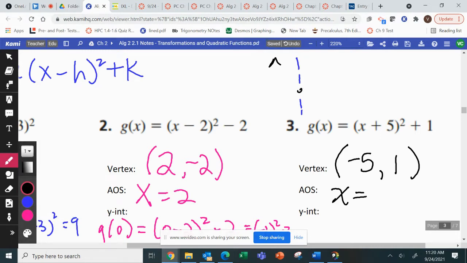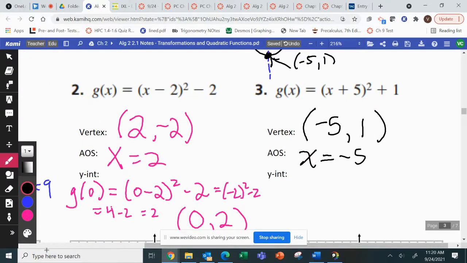So right here is this negative 5, 1. What is the x value at the same place? So we write x equals negative 5. So if I have that vertex sitting down there, none of you should miss the axis of symmetry. It's the same number.